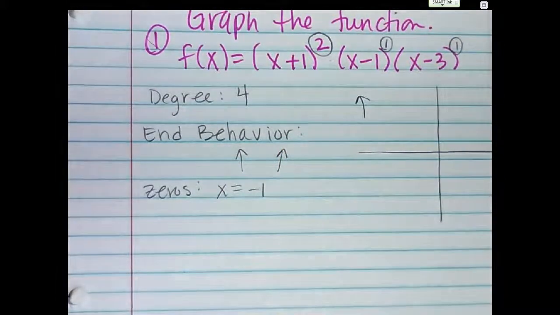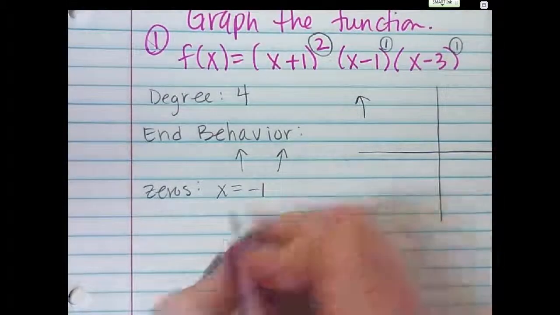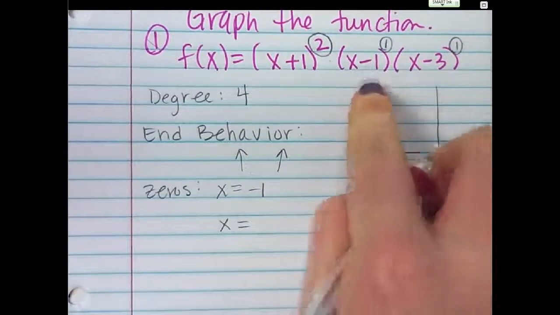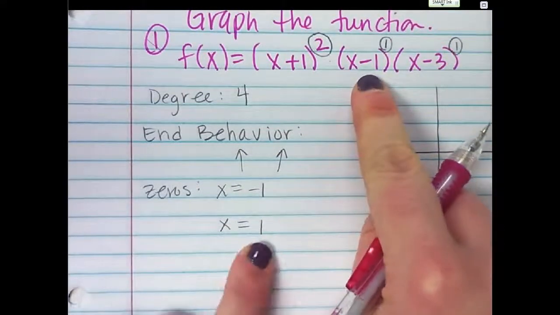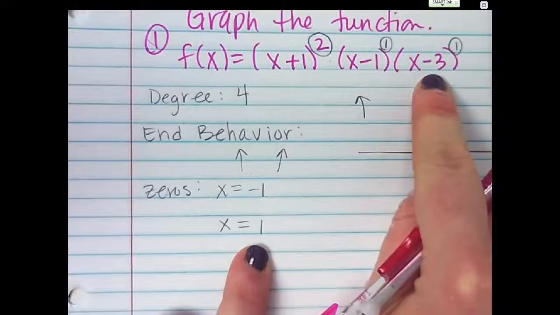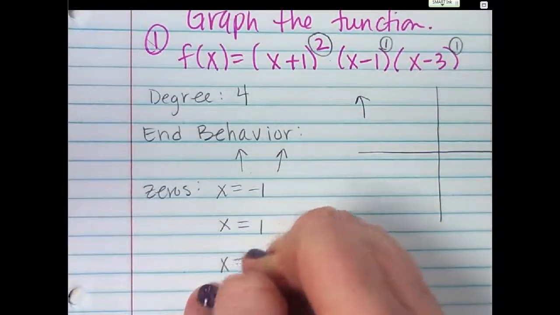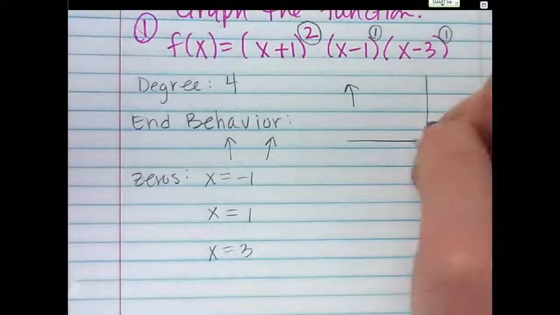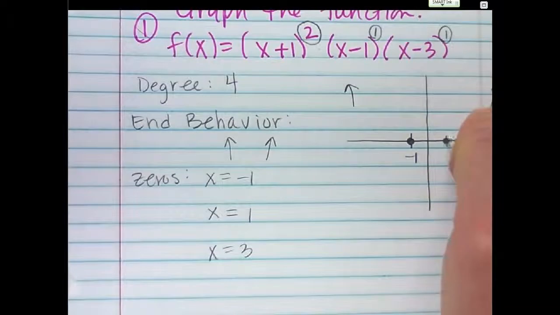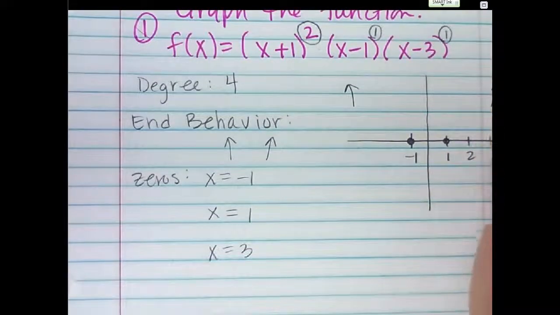So x equals negative 1. What's my next one? Positive 1 from here. It's x minus 1, so it becomes 1. And what do I get from this one? Positive 3. So let's graph those points. Negative 1, 1, 2, and 3.